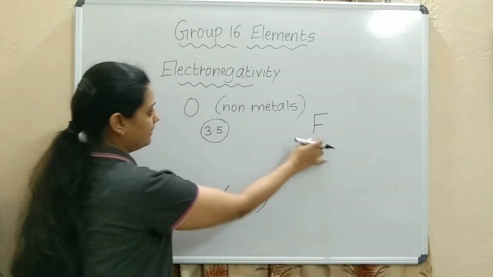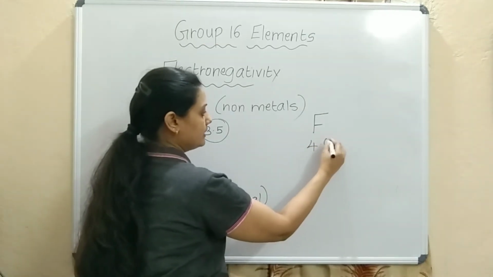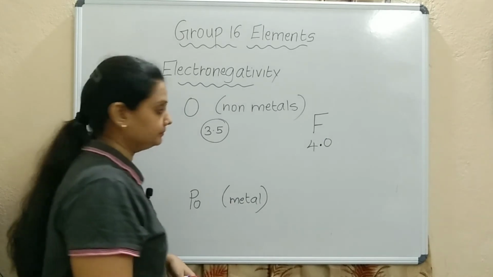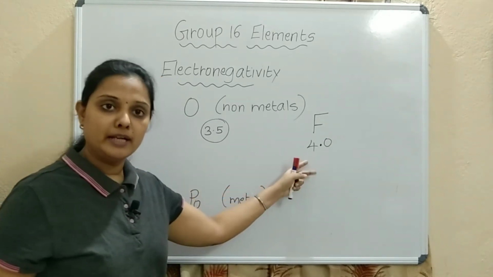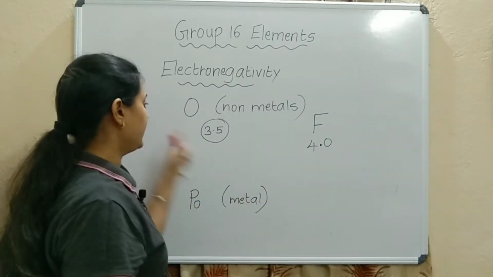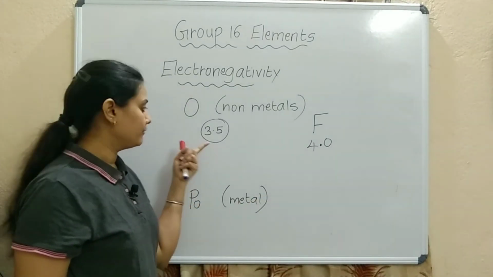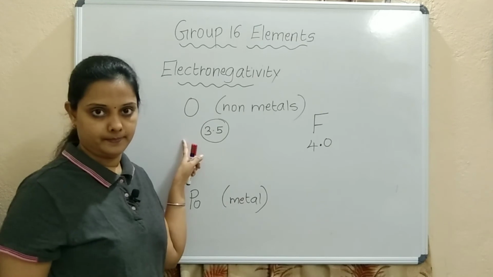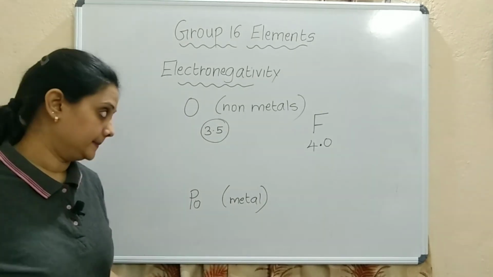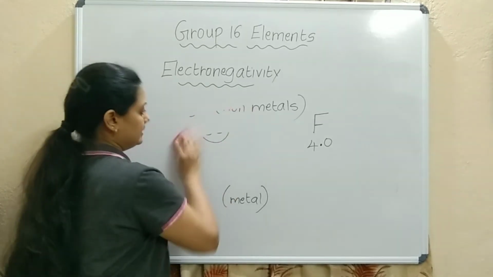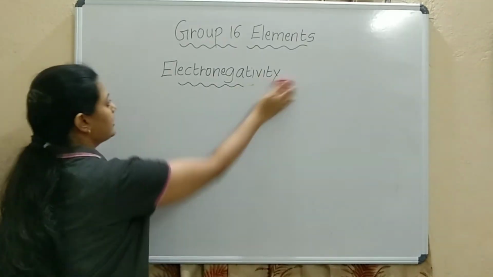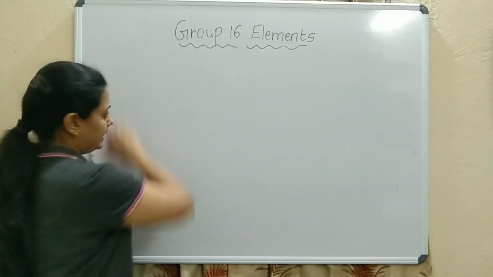That also we will study. Fluorine's electronegative value is 4.0. So the most electronegative element in the entire periodic table is fluorine, with a value of 4, and the second one is oxygen with a value of 3.5. So electronegativity decreases down the group because we are moving towards the metal.